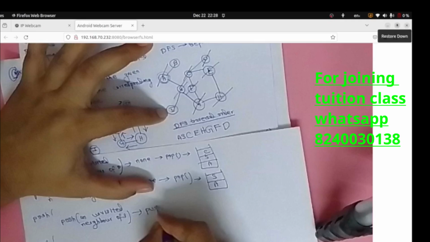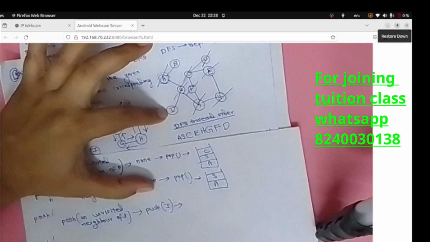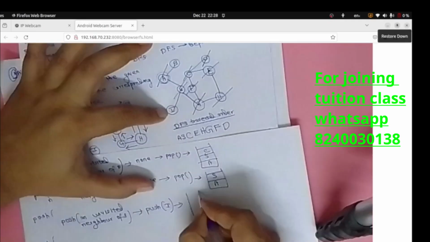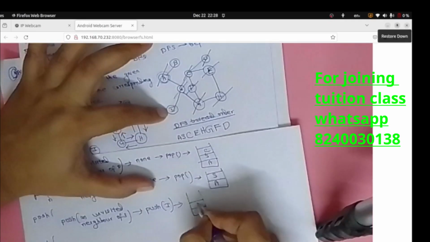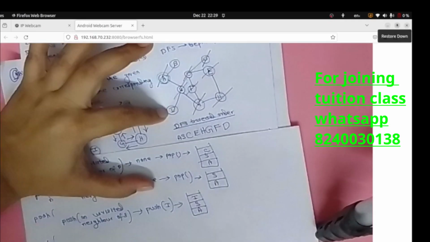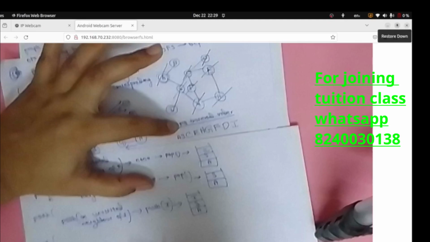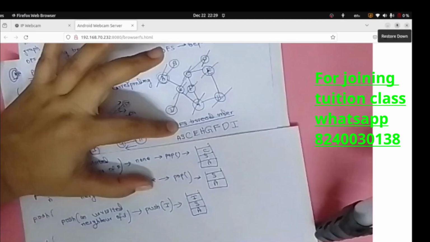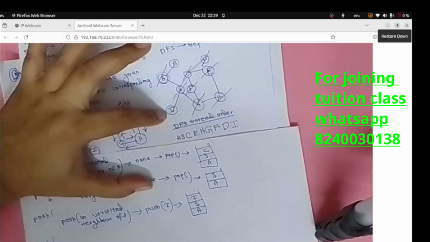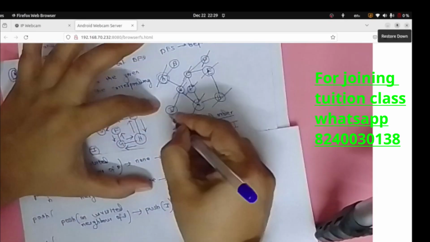So when there is push I, what will be the change in the content of the stack? Before, the content was A, S, now I is inserted as the topmost element. In this DFS traversal order, the next vertex in the sequence will be I. And as this vertex has been pushed into the stack, we mark it visited.